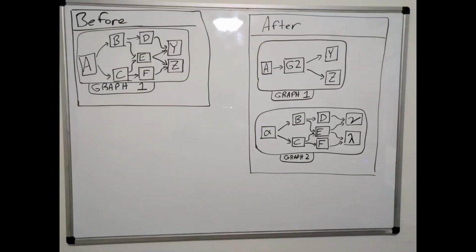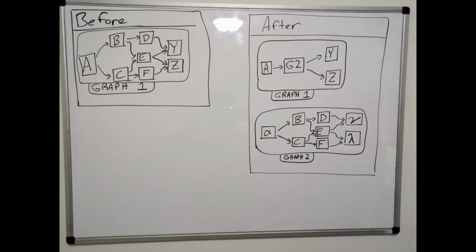Okay, so in this image, we have a before and an after. This is a before and after of what this might look like in a visual editor, sketched up. You can see we have a single graph in the before case, and then in the after case, we still have that same graph.